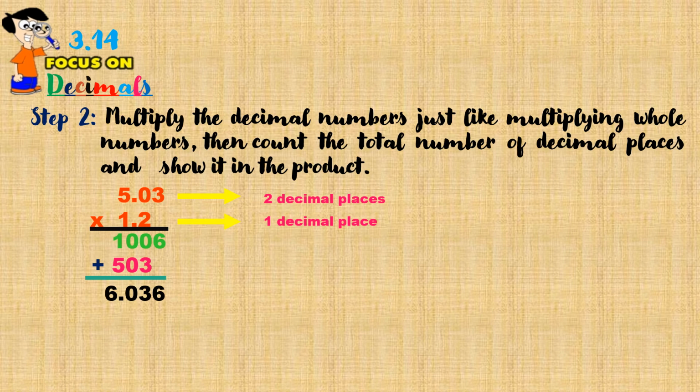So bring down 6. 0 plus 3 is 3. 0 plus 0 is 0 and 1 plus 5 is 6. Since the given has 3 decimal places, we need to show it in the product. So 5.03 multiplied by 1.2, the product is 6.036.